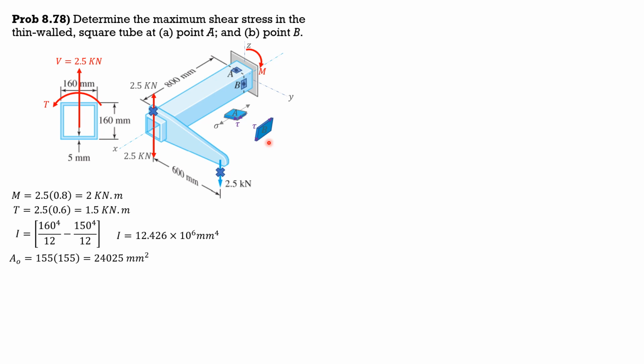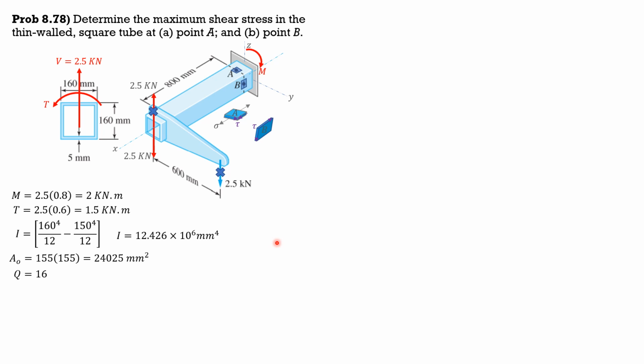At B, this is pure shear, direct shear effect of 2.5 kilonewtons with VQ over Ib. There's no normal stress or bending stress because the element through B is on the neutral axis here. And remember that the bending stress about the neutral axis is 0, maximum at the outer fibers.